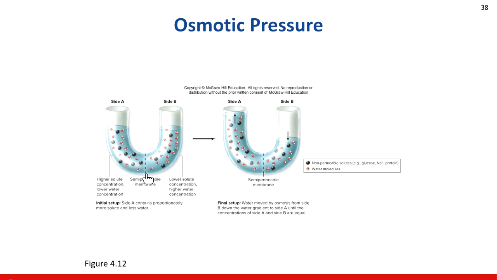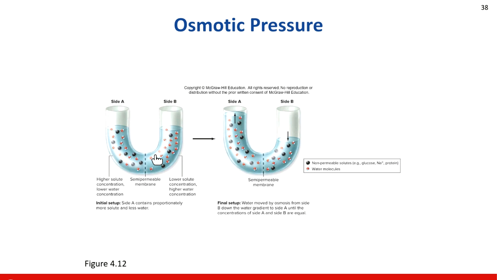These bigger black molecules here, those are our solutes. So you notice there's 4 on side B and there's 8 on side A. So we can say we have low solute concentration here compared to the high solute concentration here on side A. Also, then we can say we have a higher water concentration on side B compared to a lower water concentration on side A. So pause it if you need to. Take a look, okay? So this is prior to the movement of water.